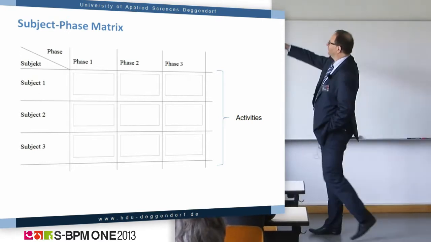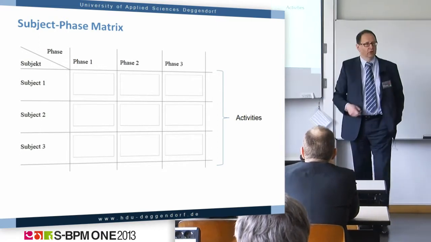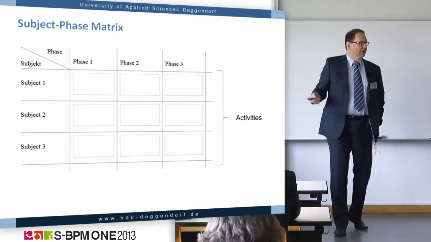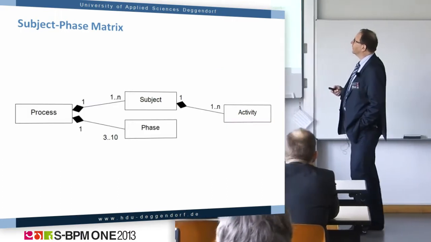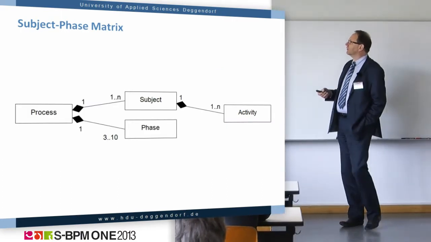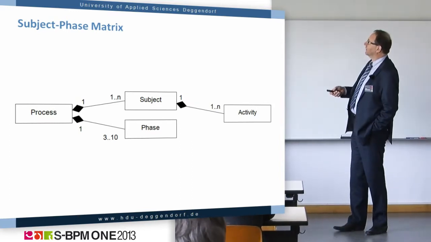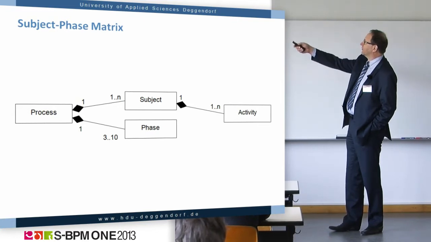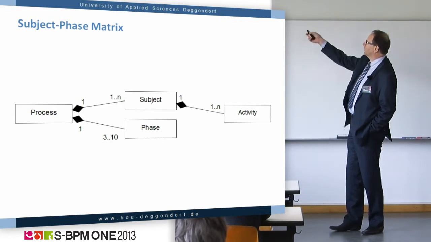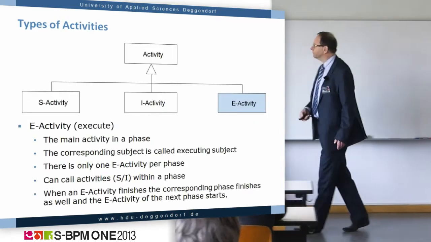So we see one subject and the other, and the flow of time or flow of action is from left to right. Very, very simple. Okay, so the meta model, again, is just cardinality constraints saying that a process has multiple subjects, a process has multiple phases, and a subject may have multiple activities. So that's very, very simple.